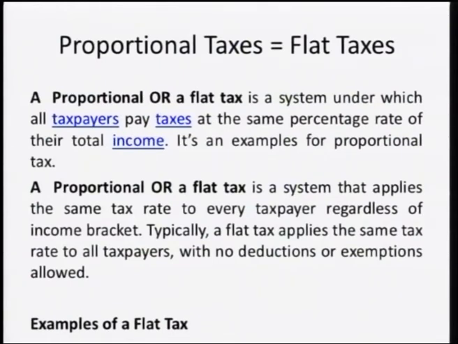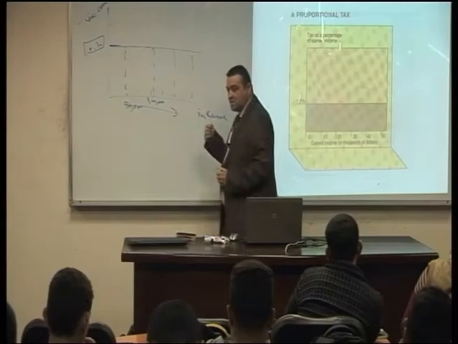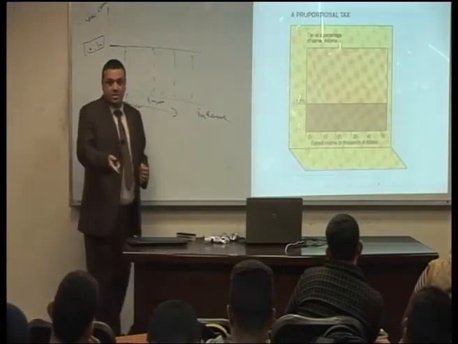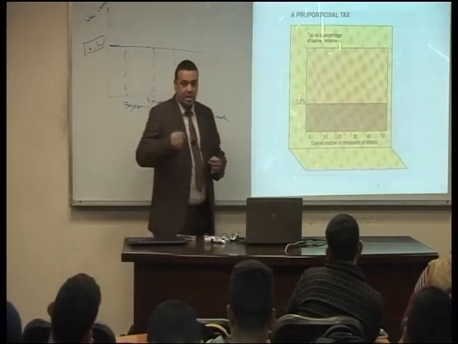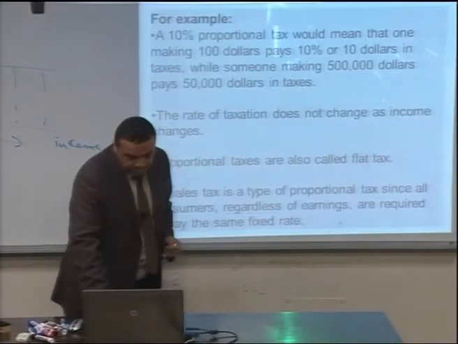Okay? So, typically a flat tax applies the same tax rate to all taxpayers with no deduction or exemption allowed. Here we have an example. Here's the graph that shows the relationship between the earned income in $1,000 and the tax rate. Like here we have the fees paid for schools and universities that, regardless of their income, they have to pay the same rates, okay?